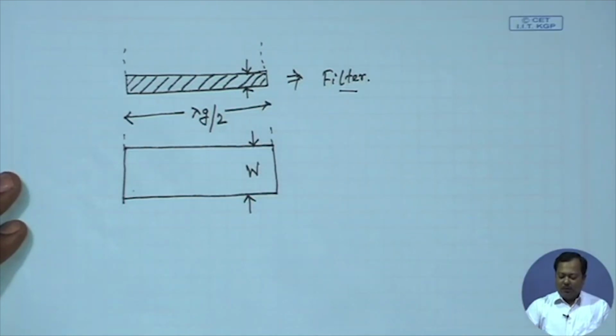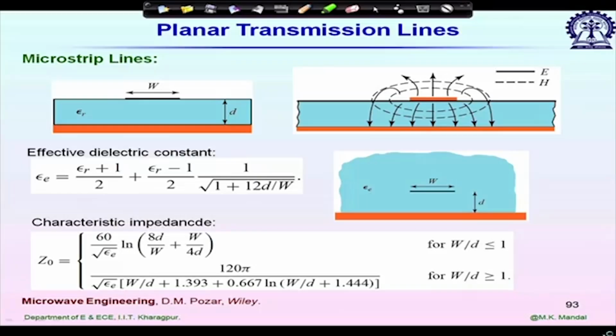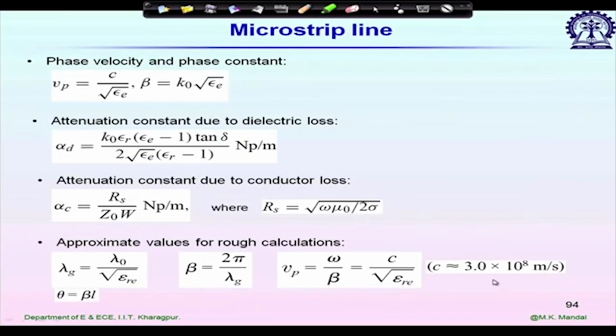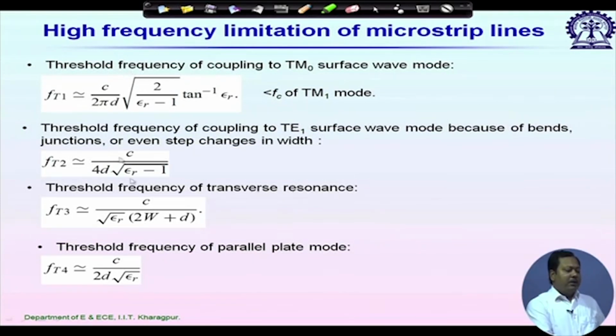Now let's see, at millimeter wave frequencies we have some other problems. What are those problems? We have mainly four reasons that determine the high frequency operation of a microstrip line. The first one is due to the threshold frequency of coupling to TM0 surface wave mode.